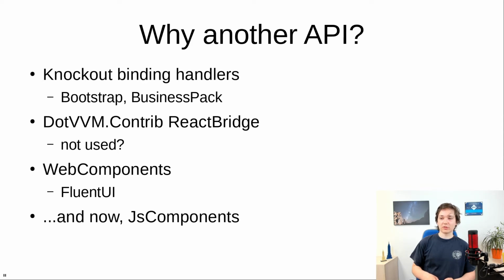You essentially don't even need to integrate it with DotVVM, since you can just include the data-bind attribute in your HTML code, bind it to some view model property, and it will just work. And most of our components are actually written this way. Basically all of the Business Pack components, if you have used them, and also most DotVVM Bootstrap components have some custom binding handlers.